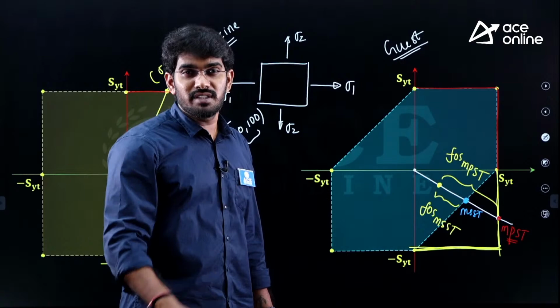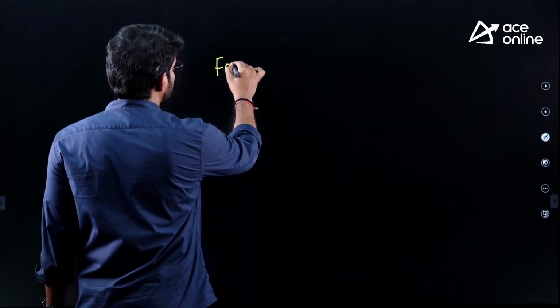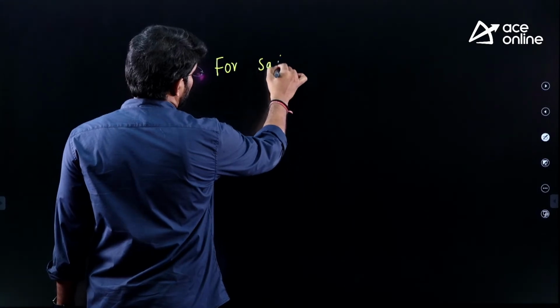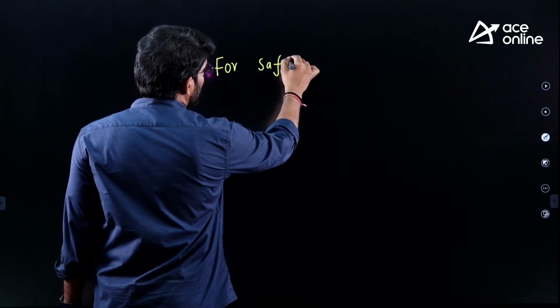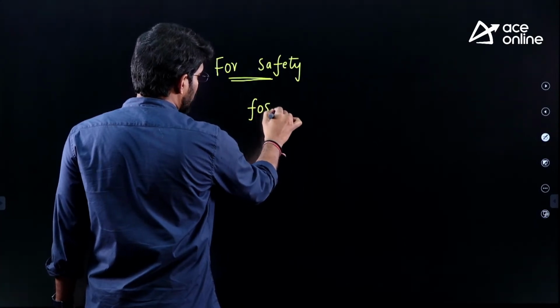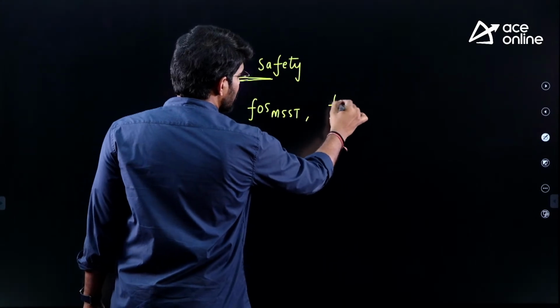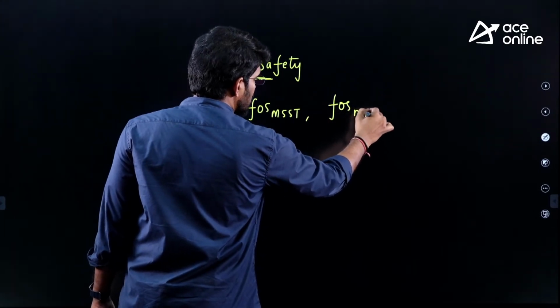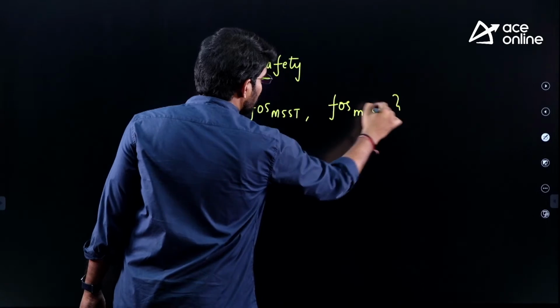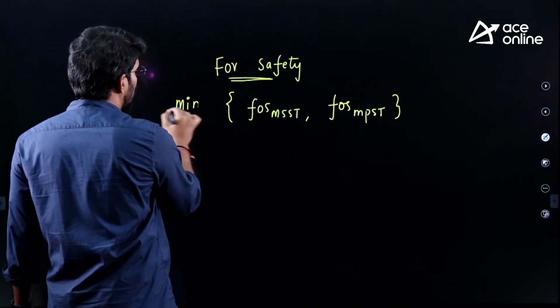As we are getting two different factors of safety, factor of safety according to maximum shear stress theory, factor of safety according to maximum principal stress theory, remember that among these two values, we need to choose the minimum value always.